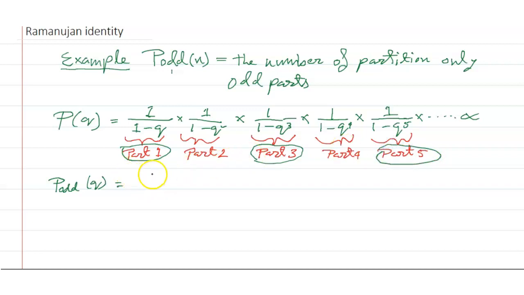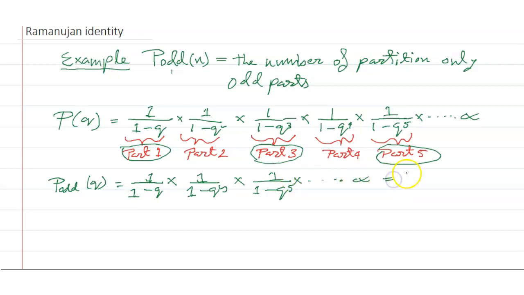So I shall take 1 divided by 1 minus Q, into 1 divided by 1 minus Q cube, into 1 divided by 1 minus Q to the power 5, into up to infinity.